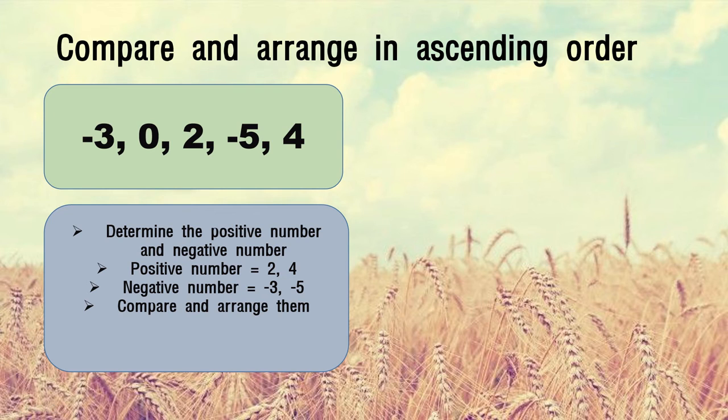Always remember, the ascending order is from the smallest to the largest. So the smallest will always be the negative numbers. Within the negative numbers, negative 3 and negative 5, which one is smallest? Yes, negative 5 is smallest.